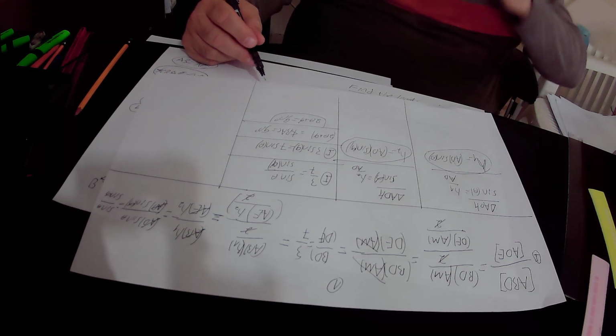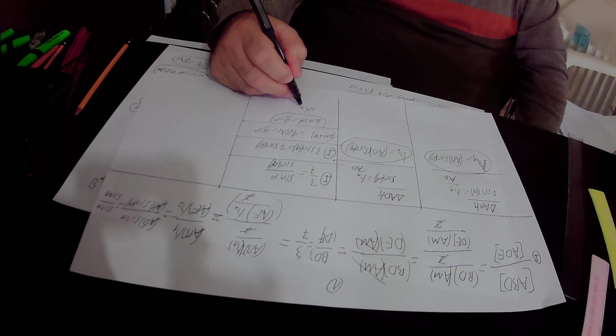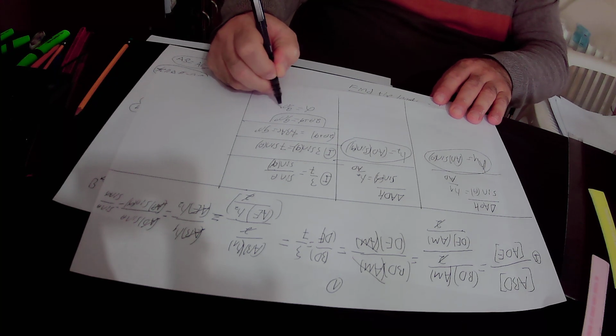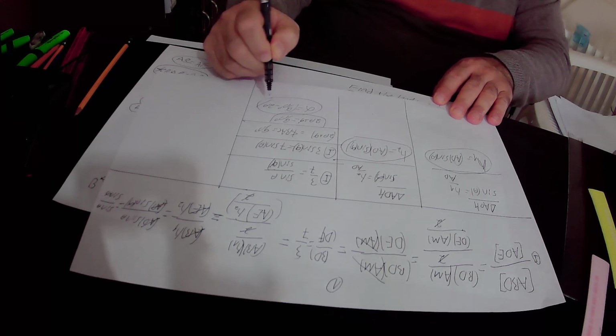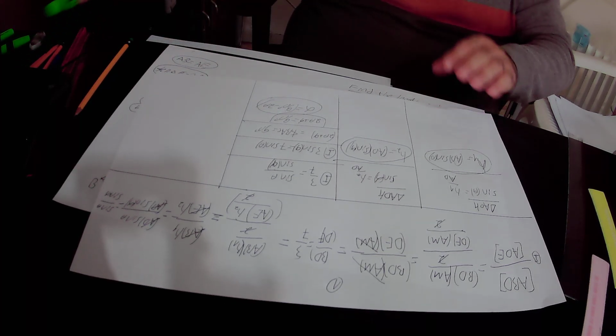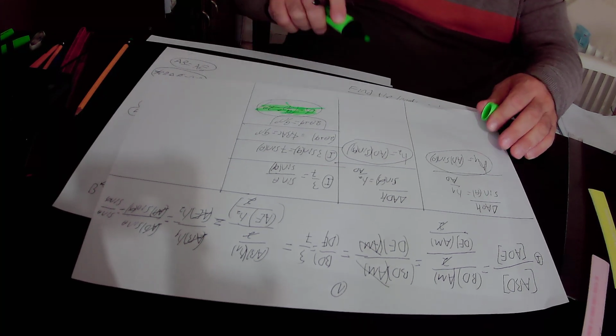Here we will subtract 2 theta from this equation, and we will get that angle alpha equals 90 degrees minus 2 theta. Okay? So here we found out that angle alpha equals 90 degrees minus 2 theta.